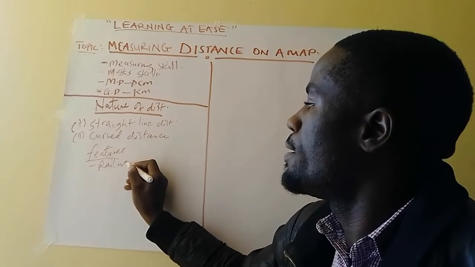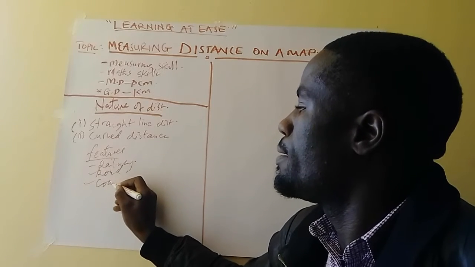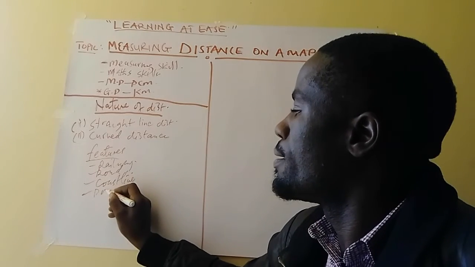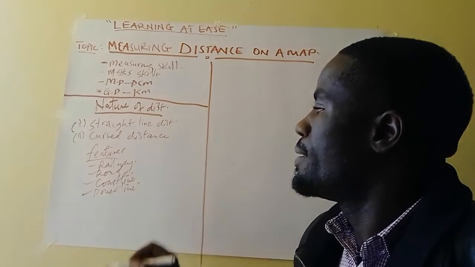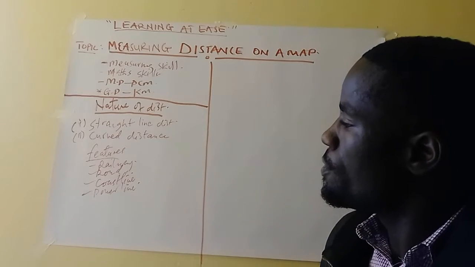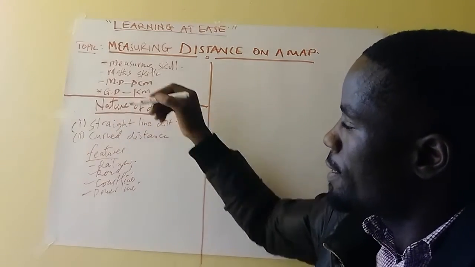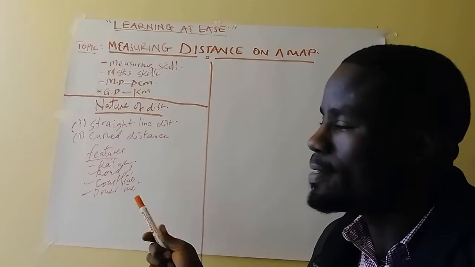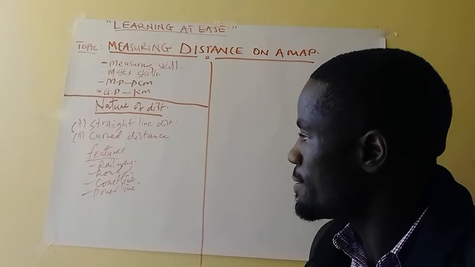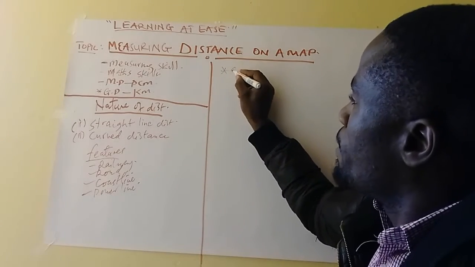It can be a railway, it can be a road, it can be a coastline. Maybe they are interested in finding a coastline. It can be a power line. So any feature they may need to ask. But you should know, we have straight line distance and we have curved distance. So in your mind, you ask yourself, which distance do they want me to measure? Is it straight line or is it curved distance? If it is straight line, let's assume it is straight line.